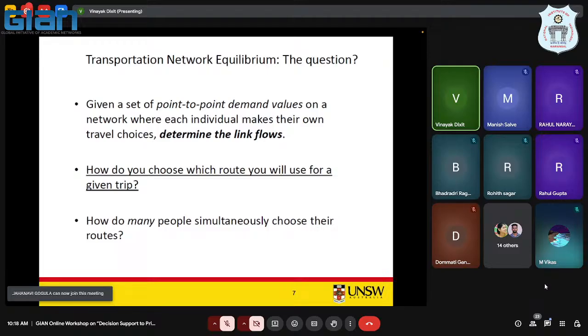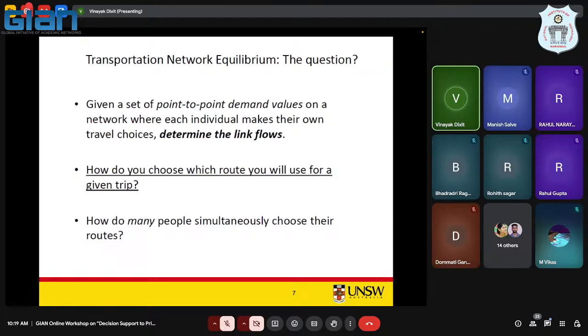So then the question comes: if I have an OD table based on the demand, and I have a network with link speeds and all of that, how do I determine the link flows? How do I determine how many vehicles will take each link? That is the question we have.